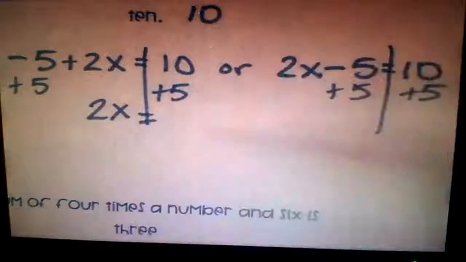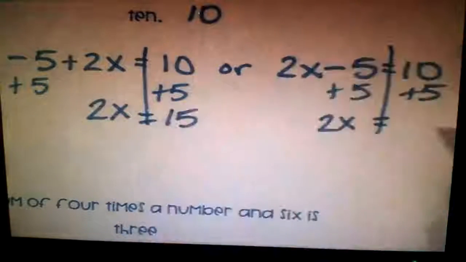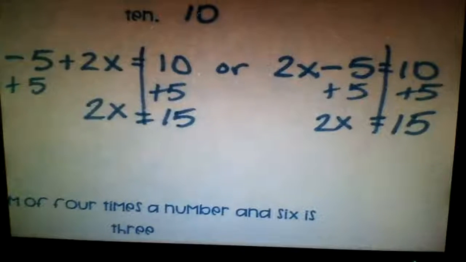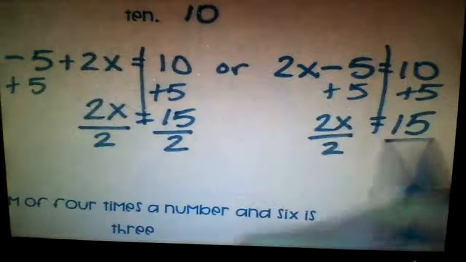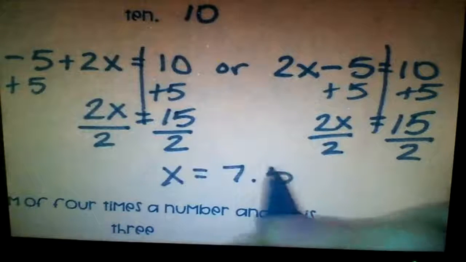So then I'm left with 2x equals 15. Divide both sides by 2, and x equals 7.5.